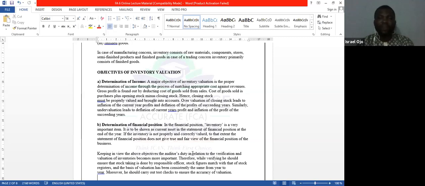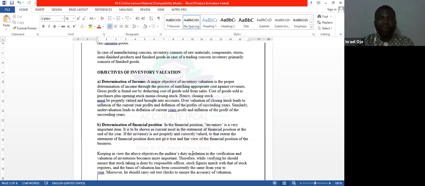So another objective for inventory valuation is to determine our financial position. The financial position is what is popularly known as the balance sheet before. It helps us to show the financial position of a company at a particular point in time. If inventory is stated wrongly in the financial position, it means that we will be interpreting the financial position wrongly as well, because closing stock is found under current assets in the statement of financial position.